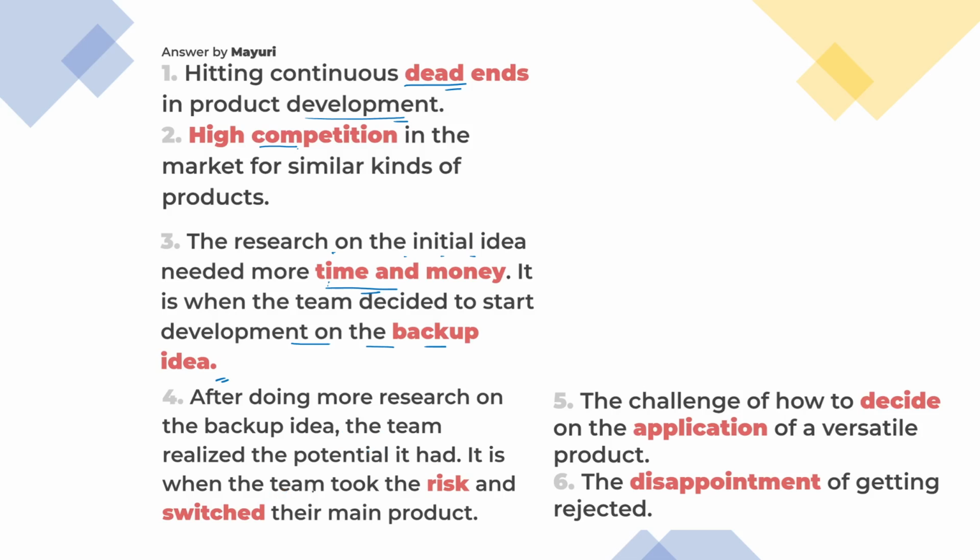It is when the team took the risk and switched their main product. The challenge of how to decide on the application of a versatile product was again a very critical challenge, and the disappointment of getting rejected. So she mentioned that they had already come to GDC at an earlier instance where they were rejected because they did not have the right clarity.